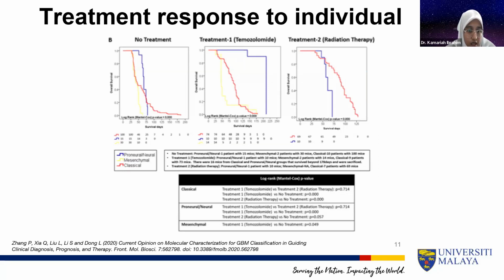If you can see here, the proneural group will definitely benefit from temozolomide treatment, whereas the classical group would benefit more from radiation therapy. So this means that we will be able to personalize the treatment for each patient.